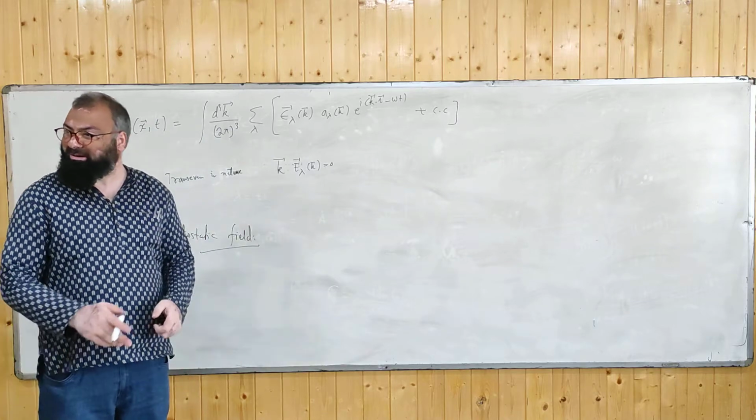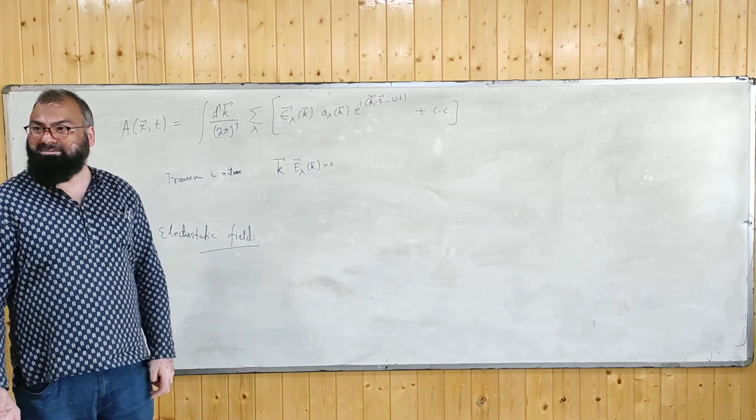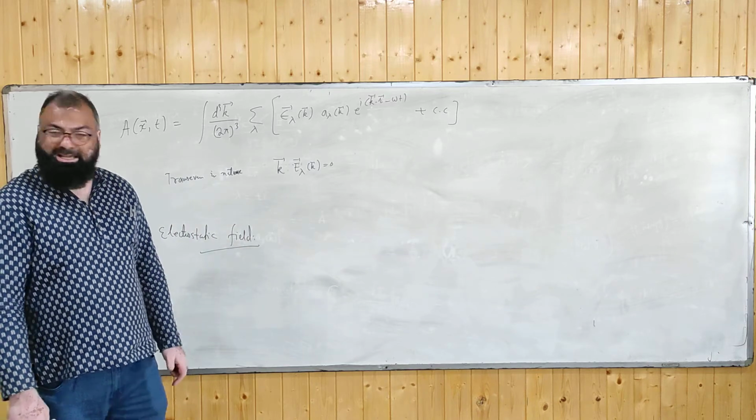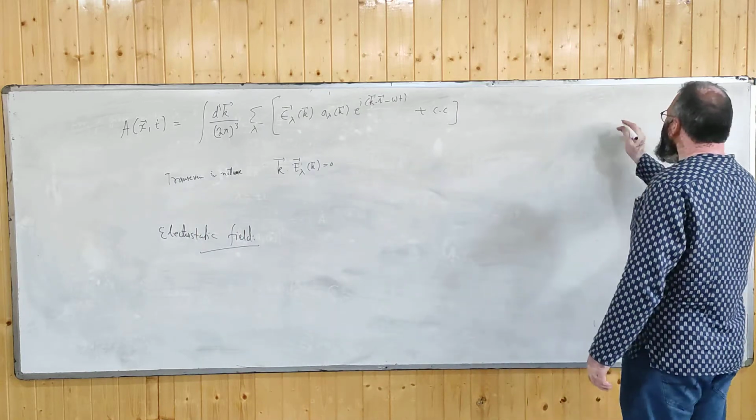So let's take the electrostatic field and figure out what its Fourier decomposition is. You have done Fourier transforms, so let's calculate the Fourier transform of this Coulomb potential 1 by r. You do it by the formula. How do we define it? Anybody tell me.